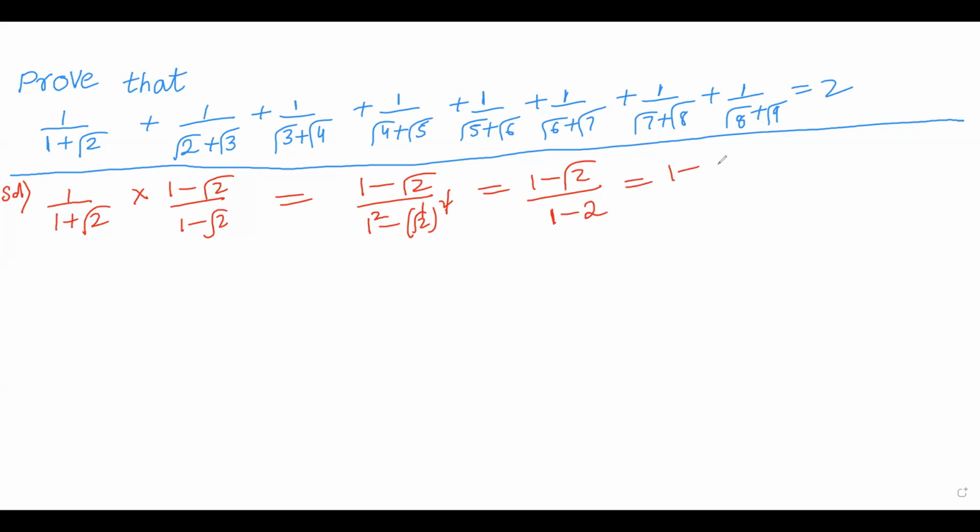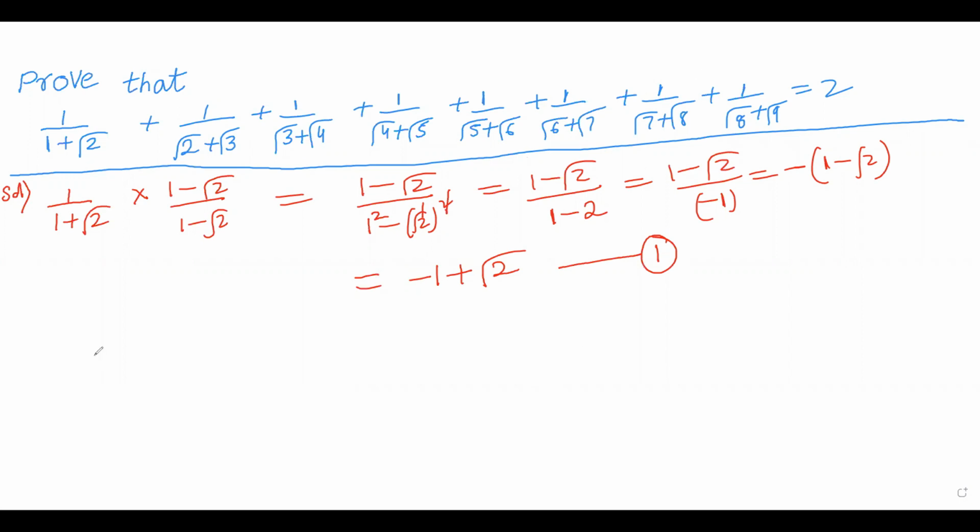So 1 minus root 2 by minus 1. Take minus to the numerator. When you open the bracket, you will get minus 1 plus root 2. Minus into minus, it will become plus root 2. Okay, we got the first equation, first one.